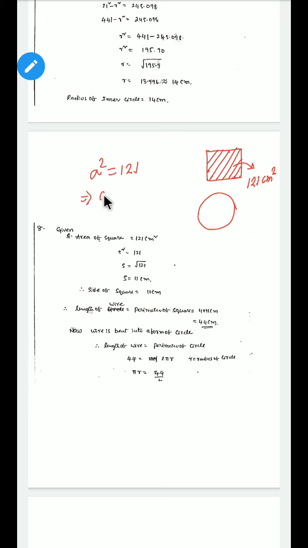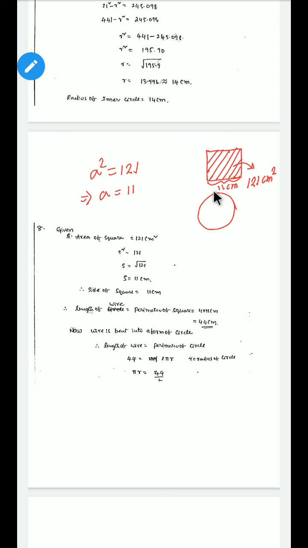So from here a is equal to 11. That means each side of the square will be 11 centimeter. Now find out the perimeter of the square. The perimeter will be 4 into 11, so that is 44 centimeter. So this is the total length of the wire.